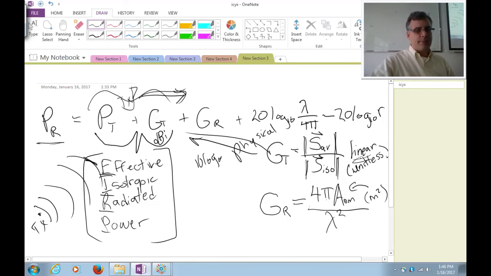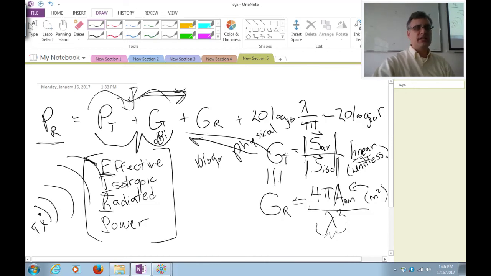So the bigger the aperture and or the smaller the wavelength of radiation, the bigger my gain will be as a receiver. And it's one of the most fascinating consequences of physics that if you define your transmitter and receiver antenna gains in this fashion and use it on the same antenna in the same direction, you'll get the same number. These are the same.